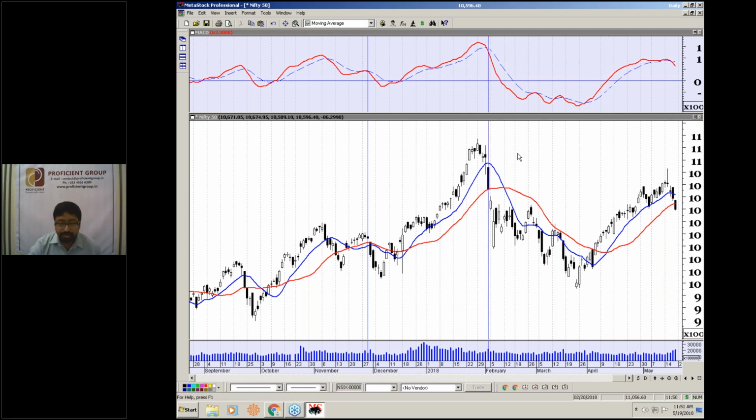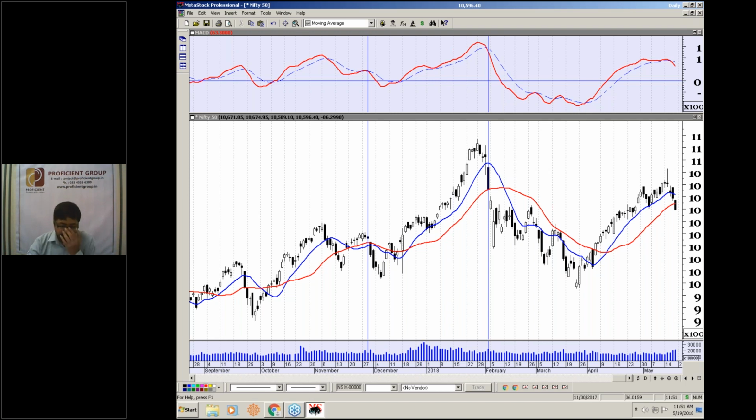Suppose these were two different sell signals, and I do not consider these two sell signals to be equally important, because the first signal, which occurred in the fourth week of November, occurred very close to the zero line.